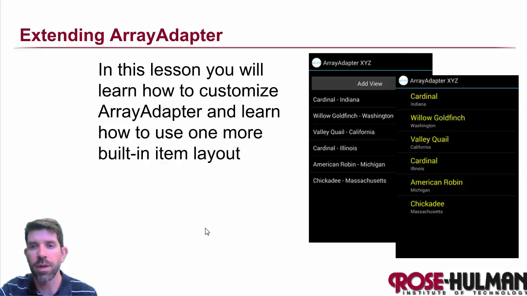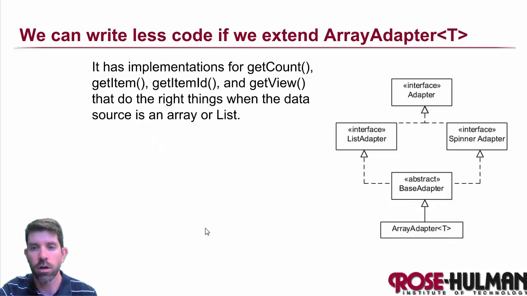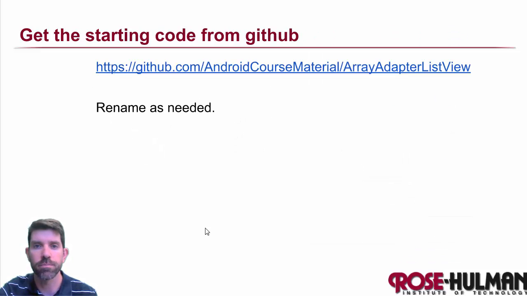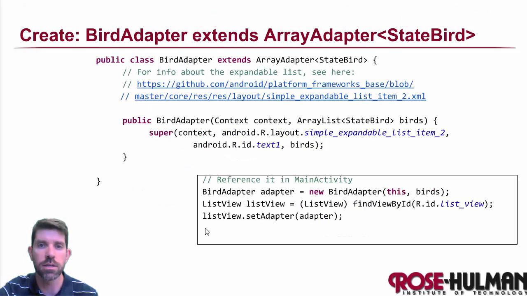Something like that, and it has a couple of rows. So we're going to need to do something with that, right? So we're going to have to override our array adapter class, right? So let's go ahead and do that. So how? Well, simply, we're just going to make a new Java class here called bird adapter, and it's going to extend array adapter of state bird, right?